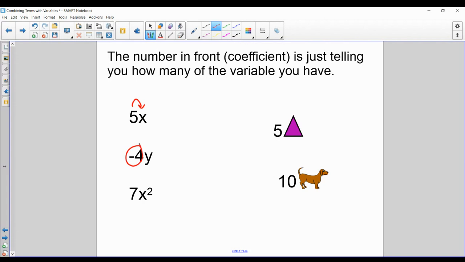This is saying I have negative 4 y's, 7 x squareds, 5 purple triangles, and 10 dogs. So it's just telling me how many of something. So instead of it just being a number, it's saying how many of something do I have.